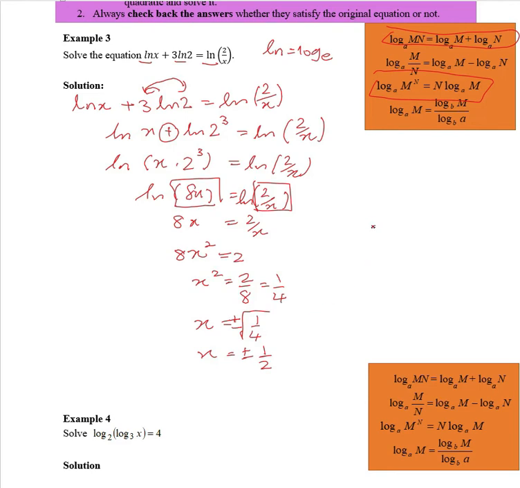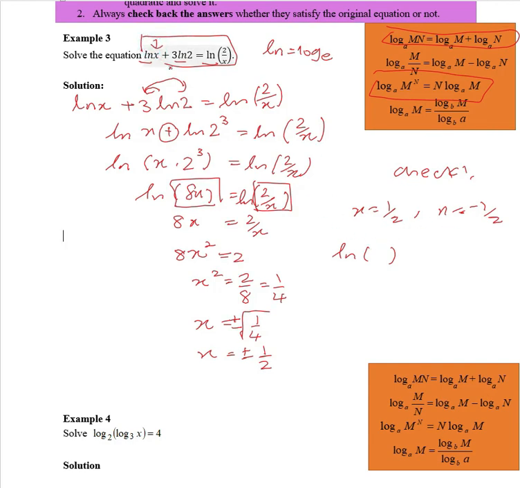Remember to check your answer. Since we have two answers, 1 over 2 and also x equal to negative 1 over 2, try to substitute this value of x into the original question. The faster way to check is make sure the function inside of this log can't be negative.